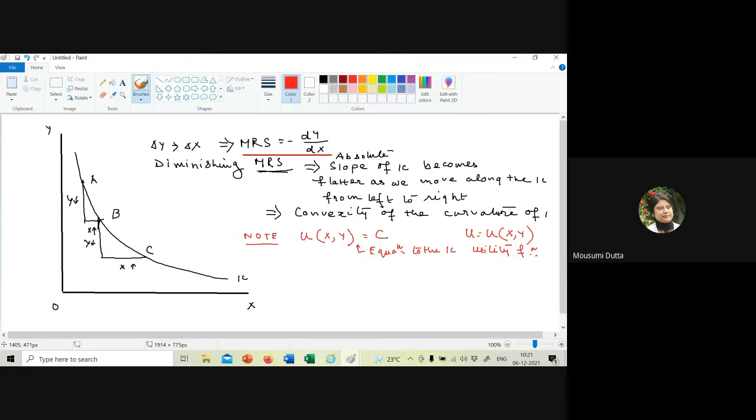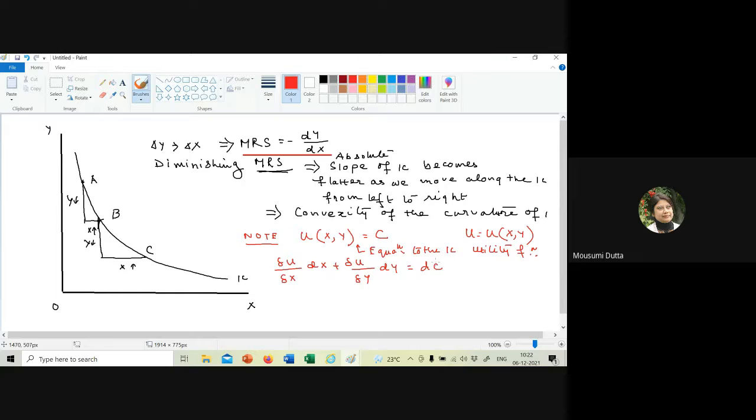Now, totally differentiating the above equation, that is, the indifference curve equation, we get del u by del x into dx plus del u by del y into dy is equal to dc.